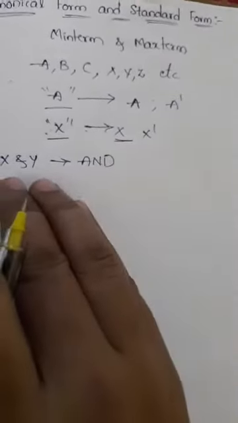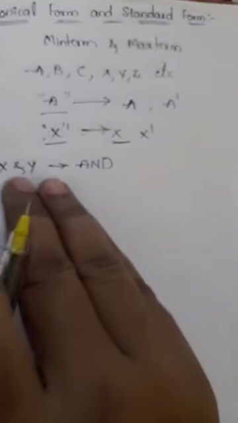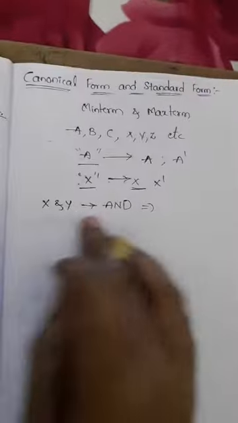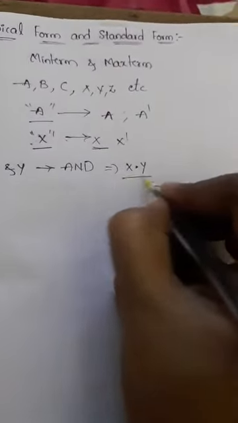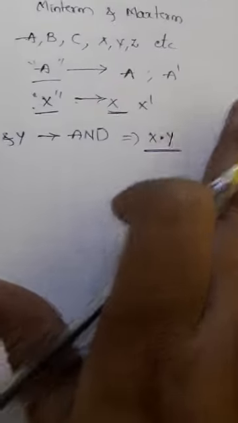AND is the dot operation, that means multiplication. So how do we represent these variables in normal form and in complement form?